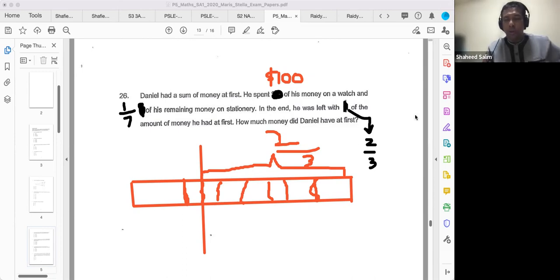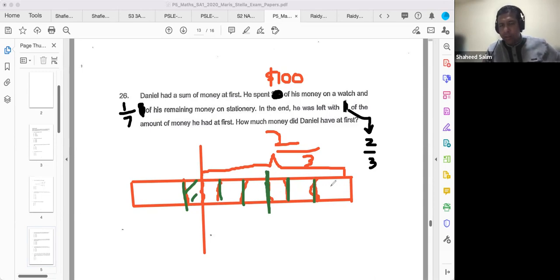Okay, we draw carefully. We just draw. You don't erase, don't erase. I'm just gonna draw. Wait. Down here you say 1, 2, 3, 4, 5, 6, 7. Correct? After using 1, 7, got 2/3. So the 6 units is 2/3.